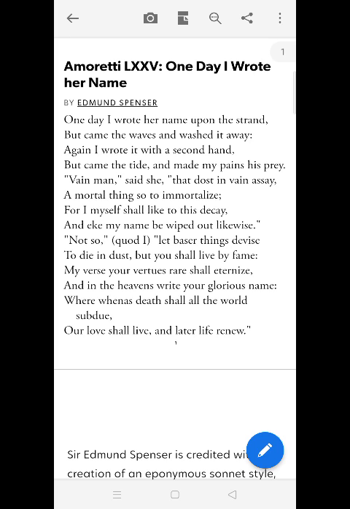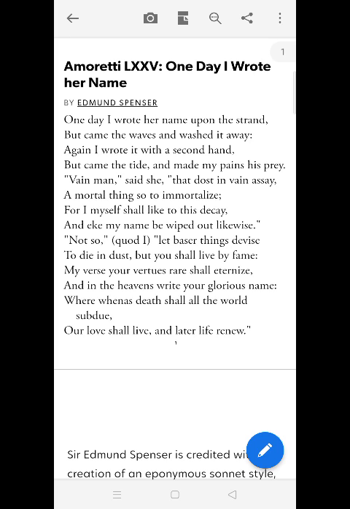So her name will be wiped out, means she will die at some point of time. So in a way, she is making the harsh statement that time is cruel and death is certain in our life, that death is inevitable.